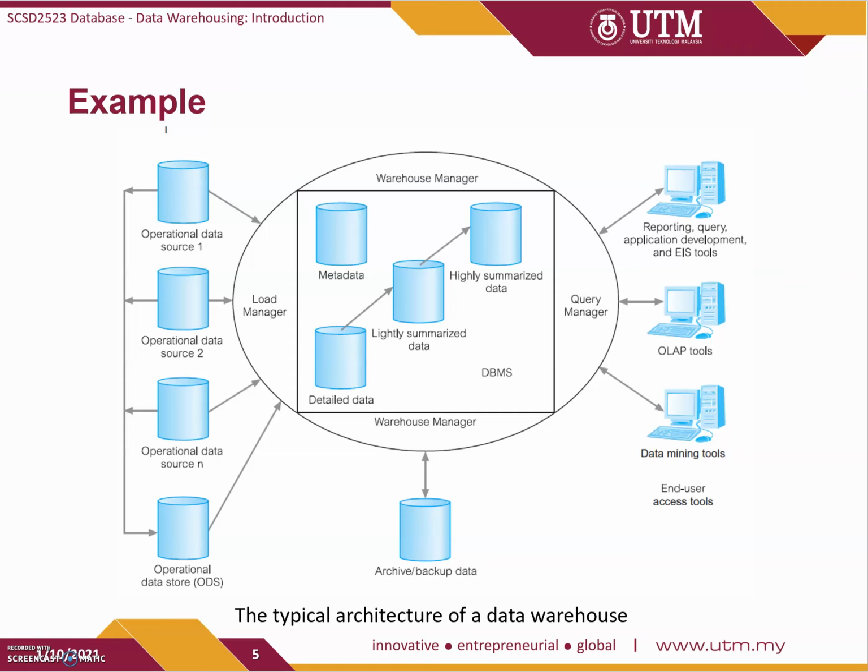Usually this part is subject to change on an ongoing basis in order to respond to the changing queries of the user. And we have the highly summarized data. These two are subject to change, and are usually updated when new data is loaded into the warehouse.